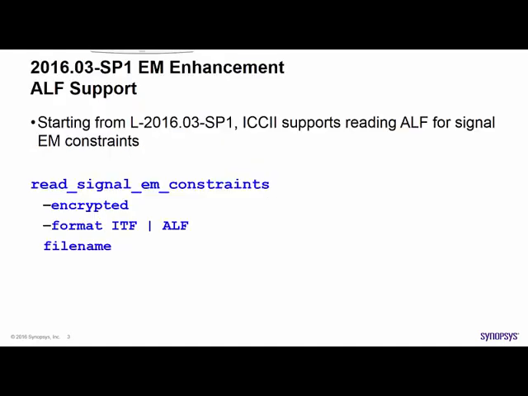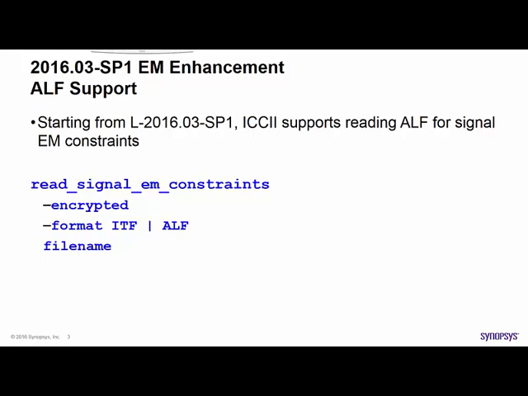The first feature is Signal EM enhancement: ICC II Compiler 2 ALF support. Previously, in ICC II Compiler 2, Signal EM analysis only supported ITF EM format.